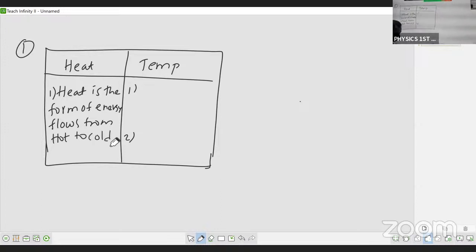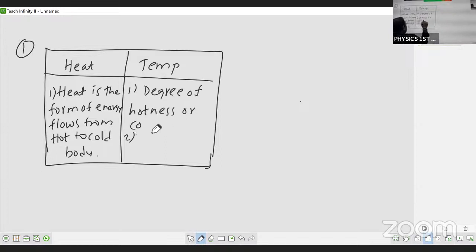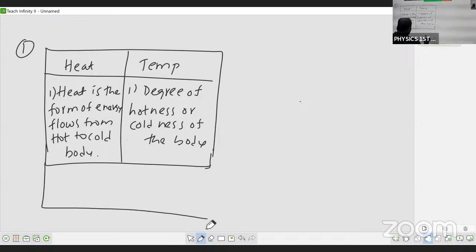Now, what about temperature? Degree of hotness or coldness of the body. One point of difference between heat and temperature: heat is a form of energy, flows from hot body to cold body. Temperature, degree of hotness or coldness of the body.